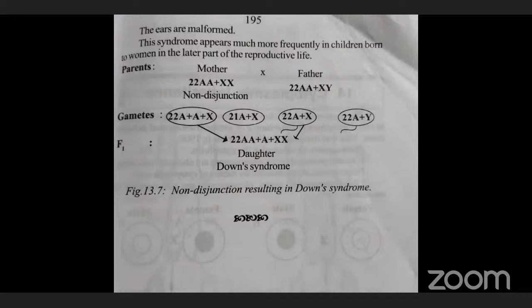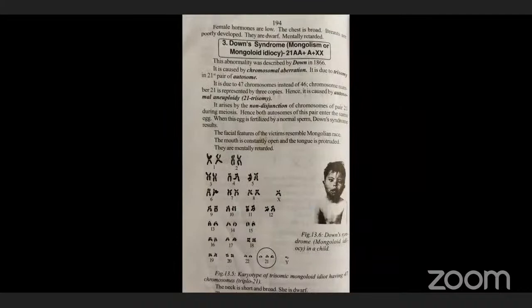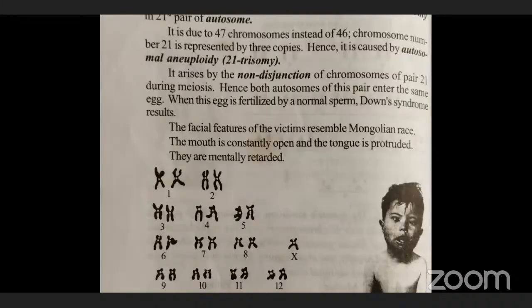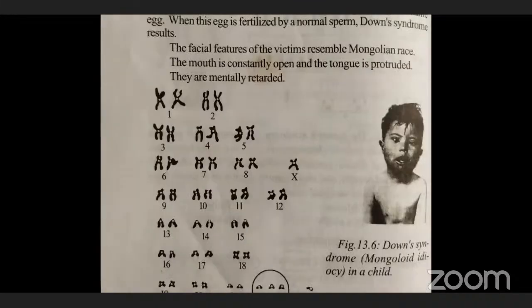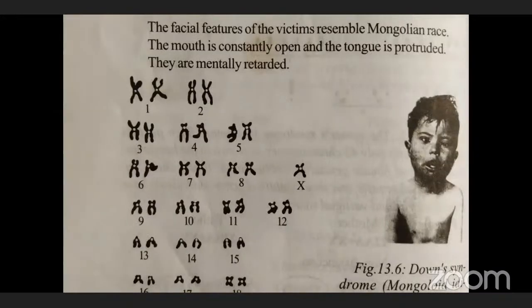The boy affected by Down syndrome, Mongolism, is also known as a Mongoloid.